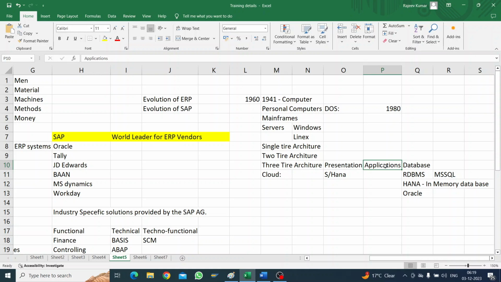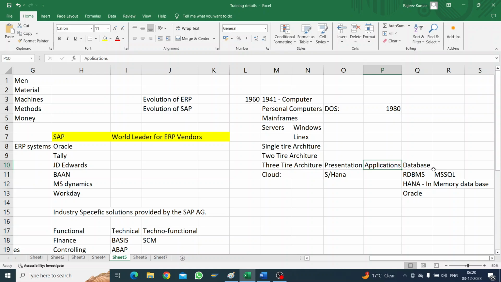And database is a place where all the data, whatever you see on your screen, is stored electronically, and that is what is called a database.